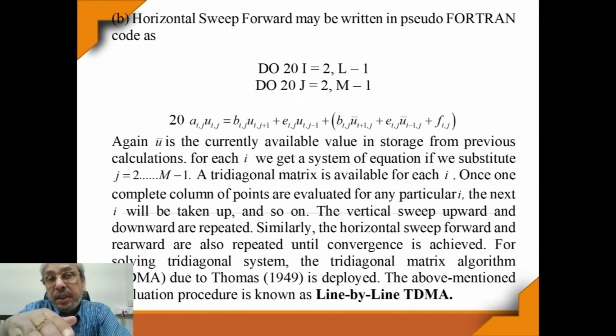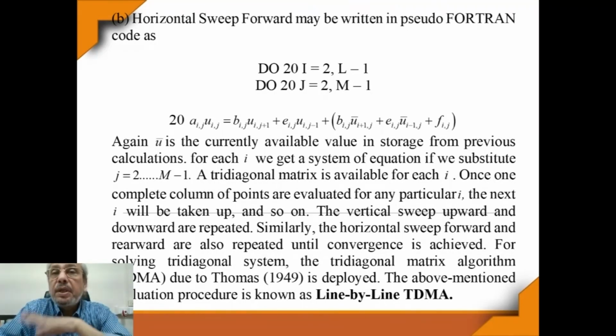Once we are keeping J variables implicit, for every I we are running a tridiagonal matrix in the J direction. In another sweep, we are keeping the J direction fixed. That means at a given J, we are forming TDMA in the I direction, I equal to beginning to end point, and evaluating.